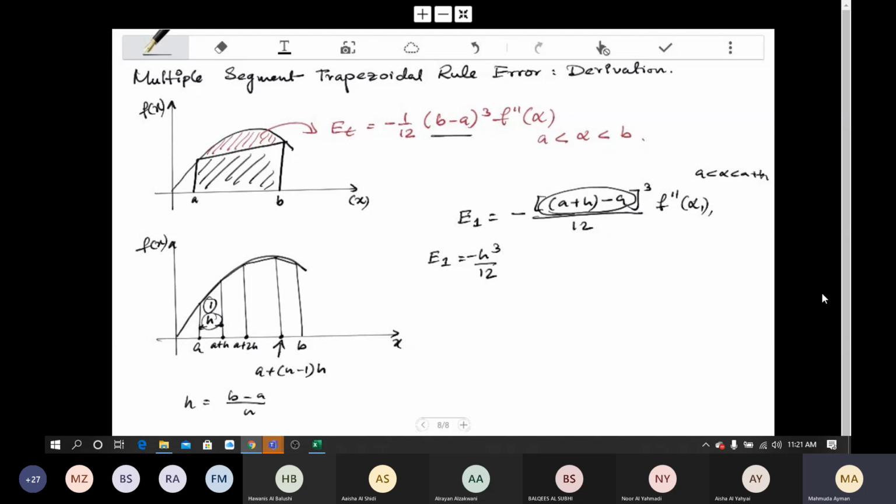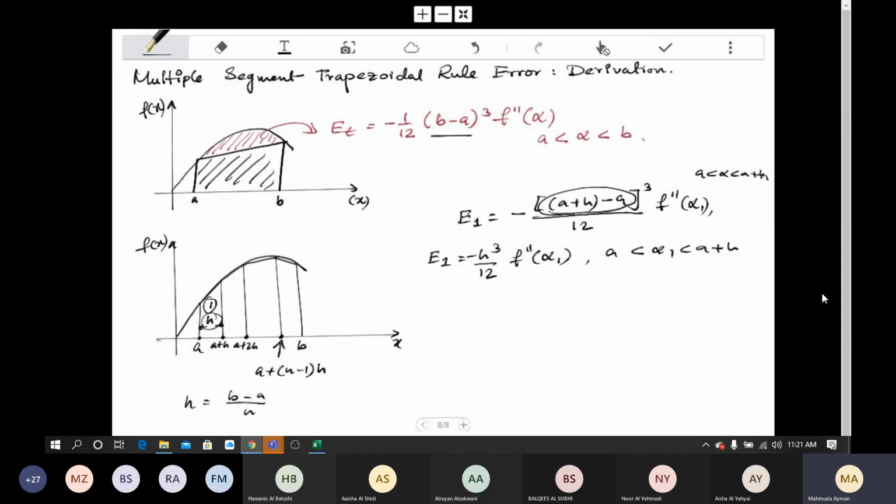I've replaced a plus h minus a by h here, and that times the second derivative of the function at a certain point alpha 1. So I'll write it here again: alpha 1 is between a and a plus h.